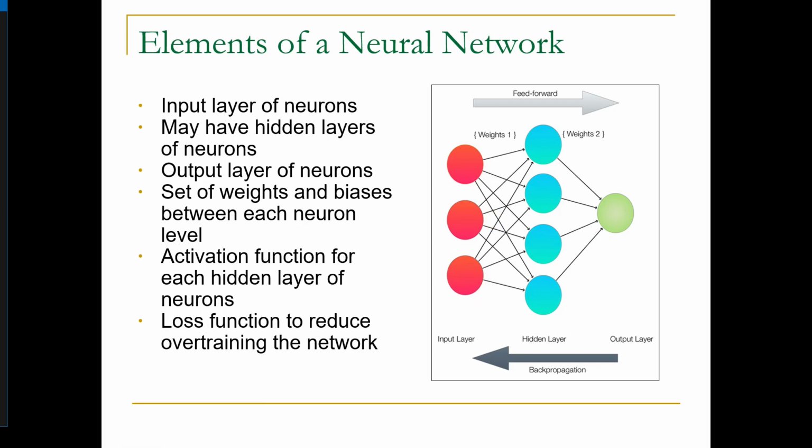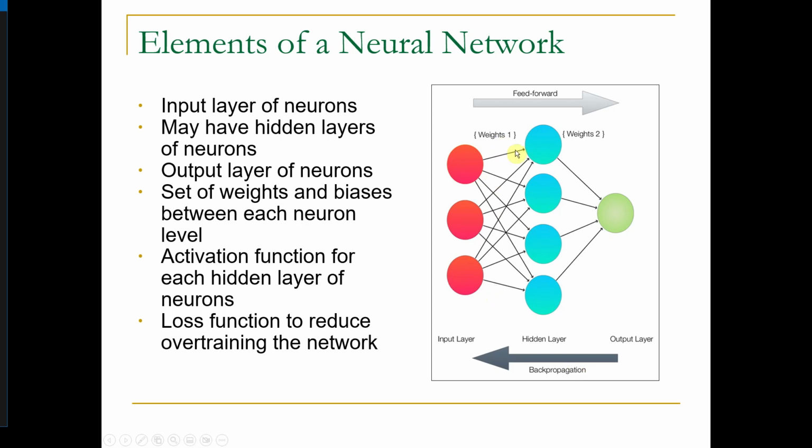We're going to adjust the weights until we achieve the desired result. So this process can happen thousands or tens of thousands or millions of times. So there's weights for each input that get adjusted based on this backpropagation.